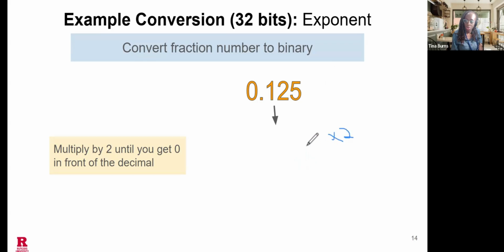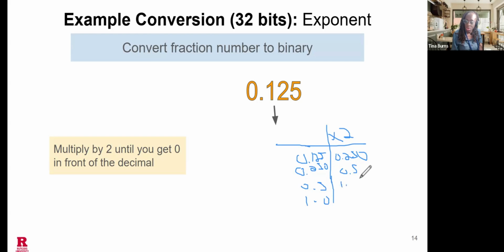We're going to put the times 2 over here. We're going to bring this over to this side. And the reason we do this is so that we can see what the numbers are when we're getting back to this. 250, this of course is going to be 0.5. 0.5 over here. Then we get 1.0 over here. And actually, we don't even need this one. We can stop right there.